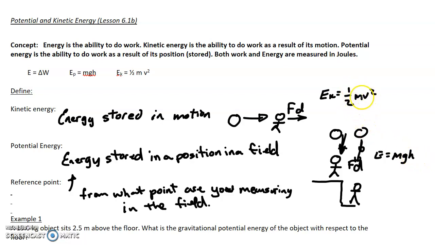A little bit happening here, but we're just going to go with it. Now, because energy is just the ability to do work, we can say that the change in energy is essentially the amount of work done to an object. And we'll take a look at a few examples here in a little bit.